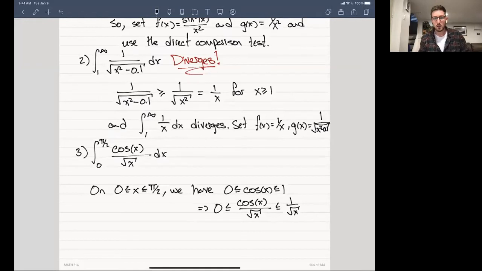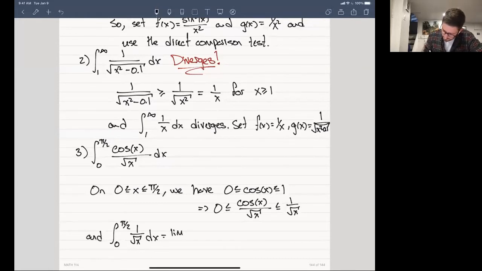And we know the integral from 0 to pi over 2 of 1 over the square root of x dx, well, in this case, this is the limit as a goes to 0 from the right of the integral from a to pi over 2. I'll write this as x to the minus 1/2 dx.